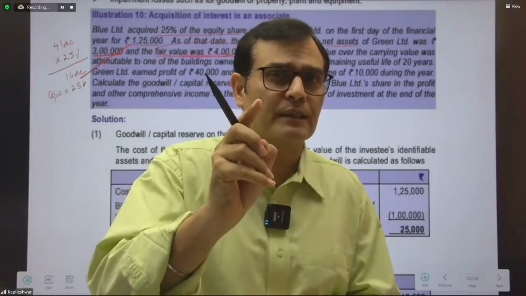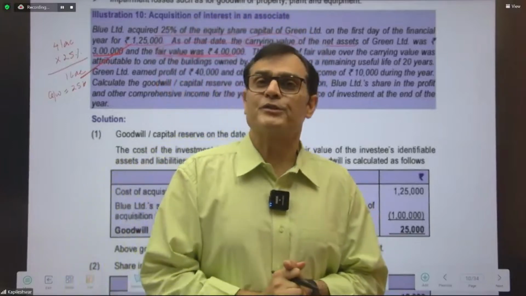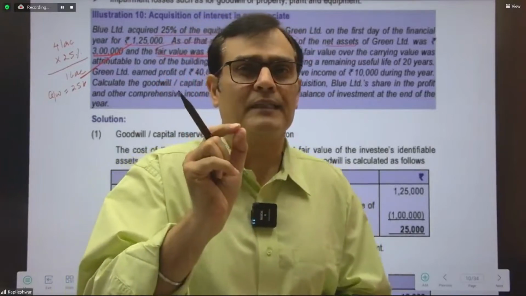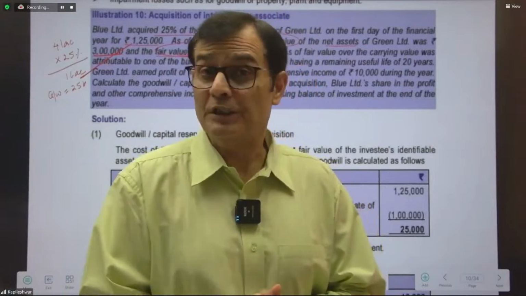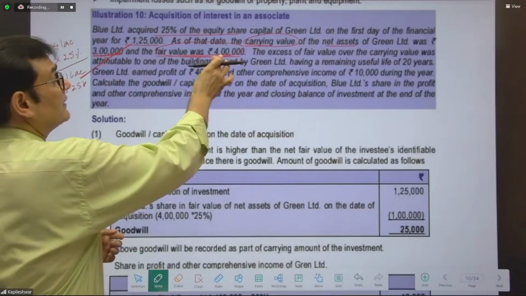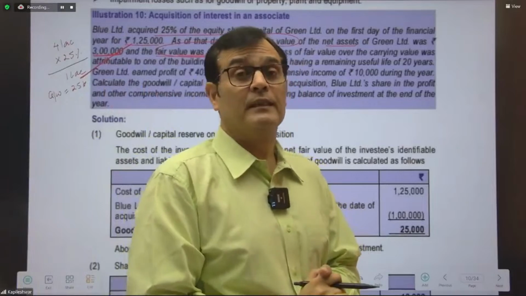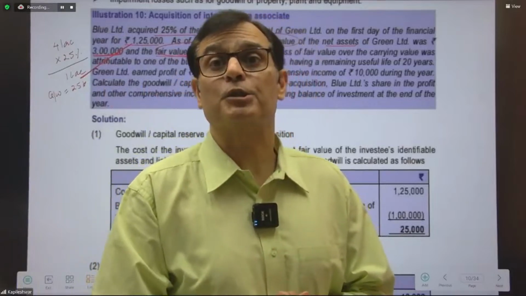But you need to consider depreciation based on the fair value. So before you consider the share in the profits of the associate company, you need to get the rectified profit after considering additional depreciation. You need to remember that when you compare the share of fair value of the net assets versus the consideration, due to this fair value change, there is a need to consider additional depreciation as well.